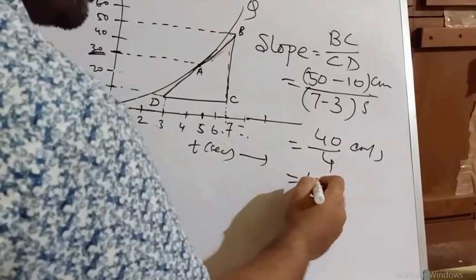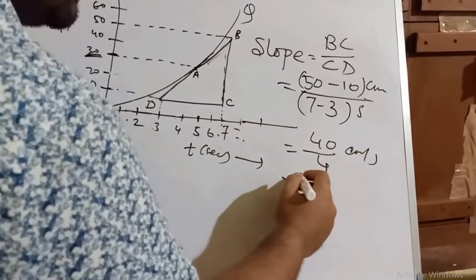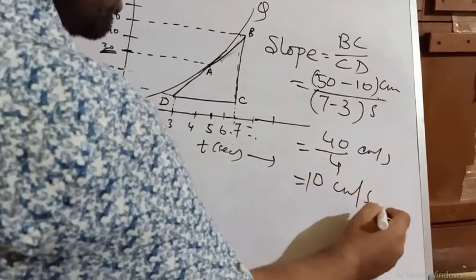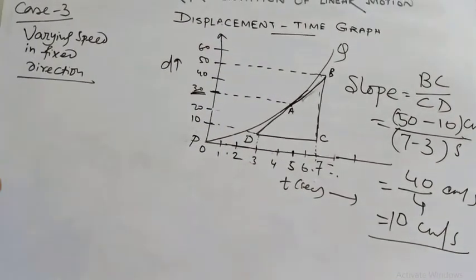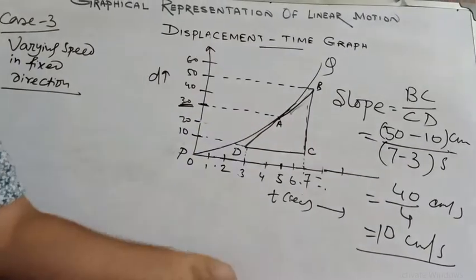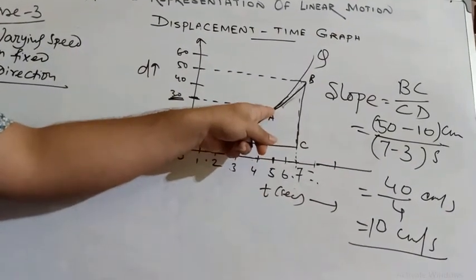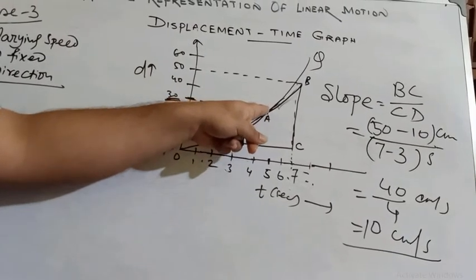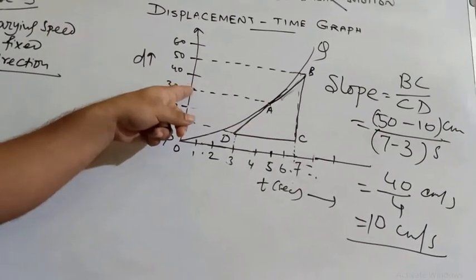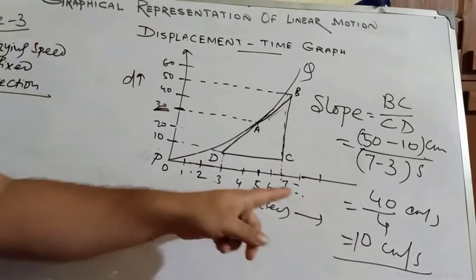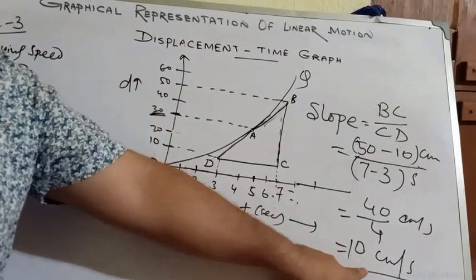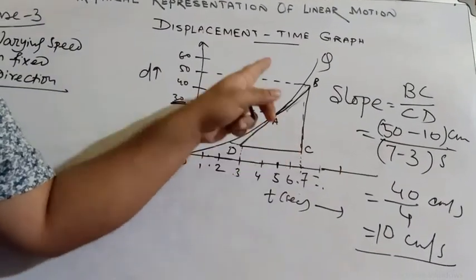So we are getting 10 centimeter per second. Okay, that is the velocity of the body at t equal to 5 seconds in this place. It means when the displacement is 30 centimeter, the velocity is 10 centimeter per second. This is the velocity of the body.